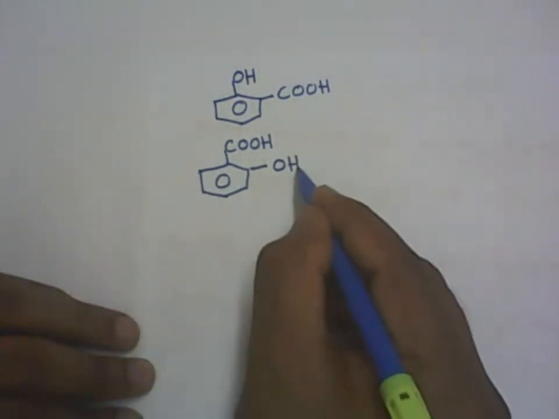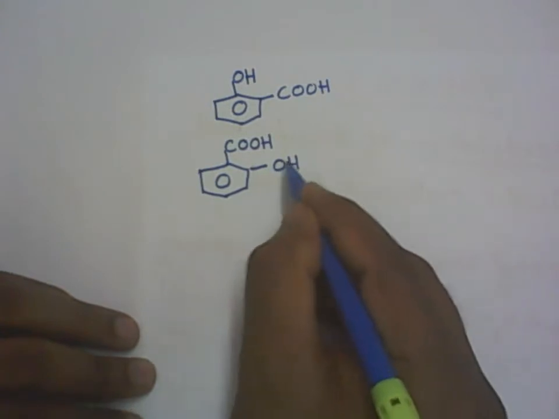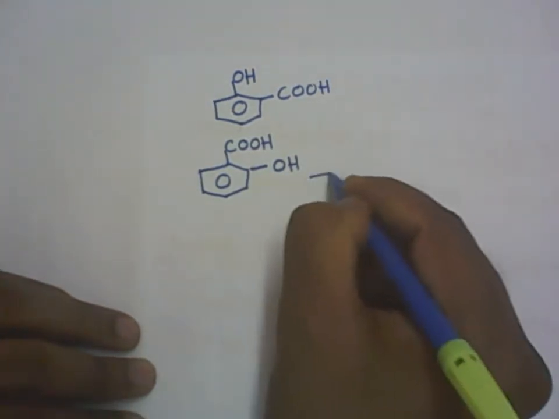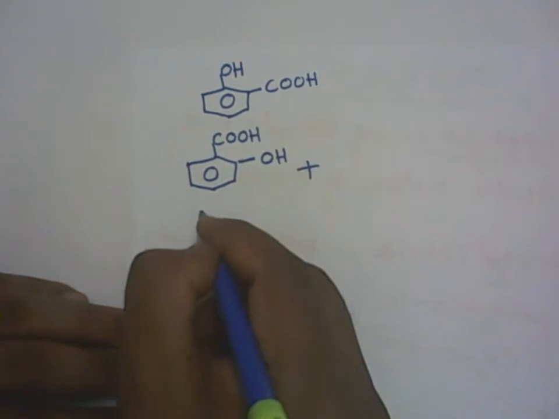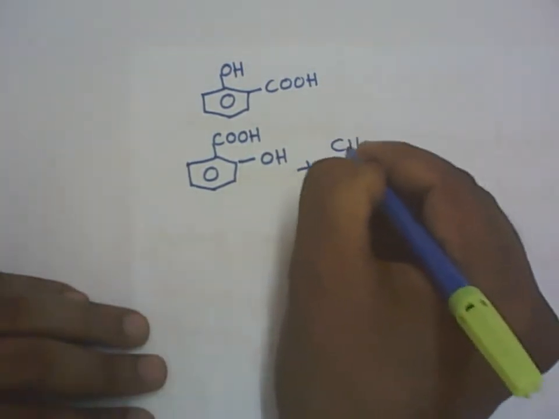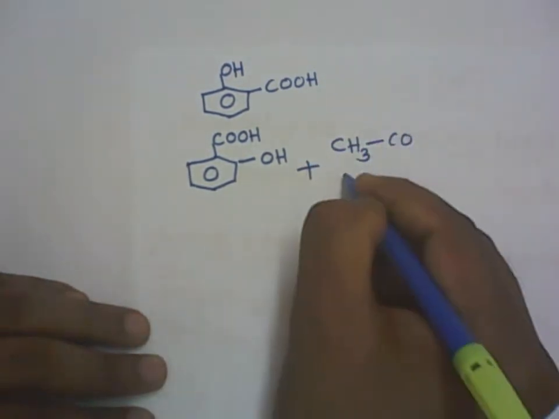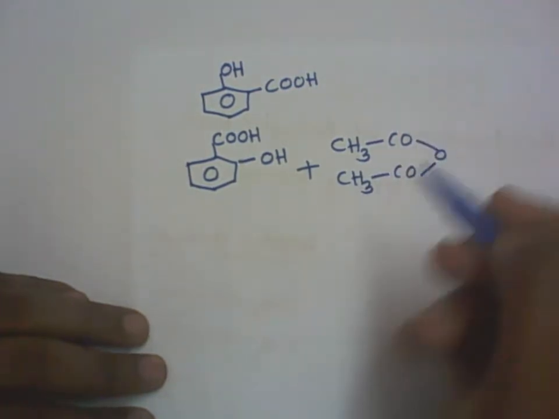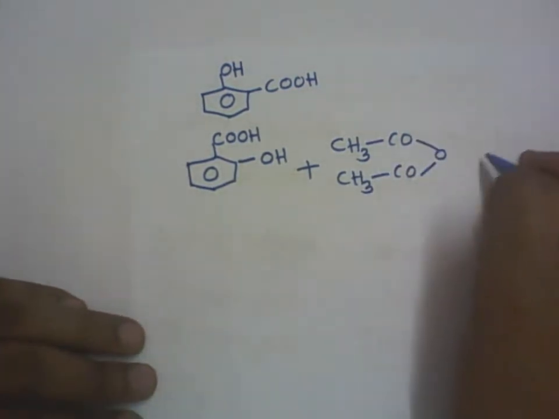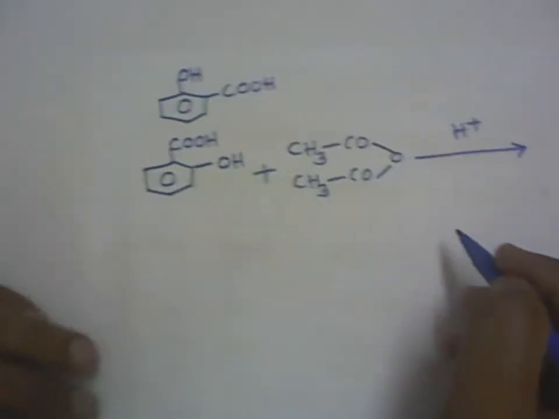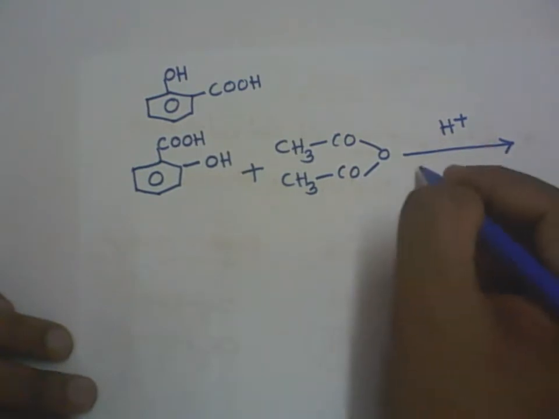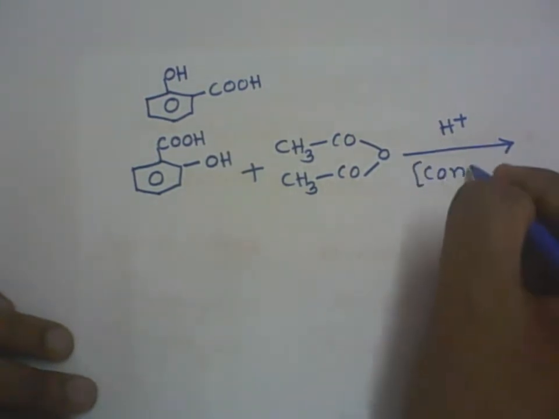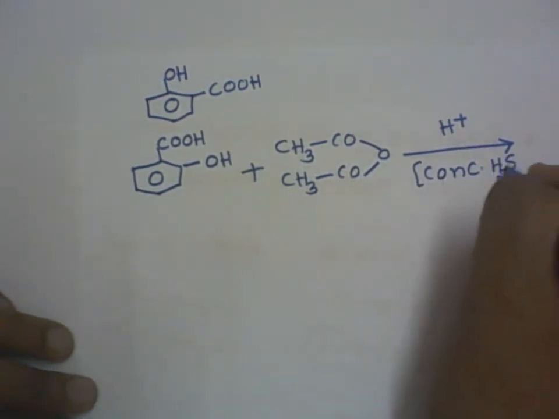Compounds containing OH groups or NH2 groups easily undergo acetylation. So let me make use of acetic anhydride, CH3CO twice attached to oxygen. The reaction is generally carried out in the presence of acid medium, or we make use of concentrated sulfuric acid here.